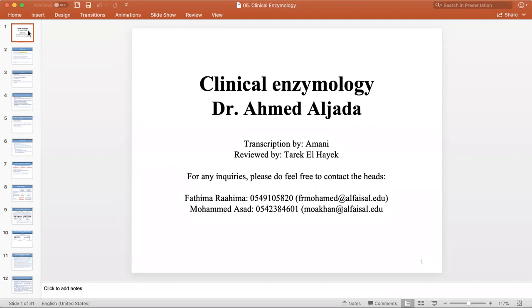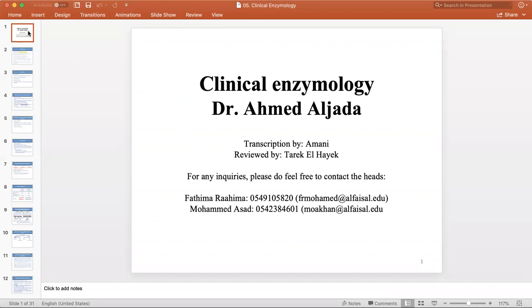Now, whenever you see an enzyme, it's basically a protein which has some ability to carry out a reaction. So we have a substrate, and we convert the substrate into a product. This is the function of an enzyme. Then the enzymes have different characteristics.